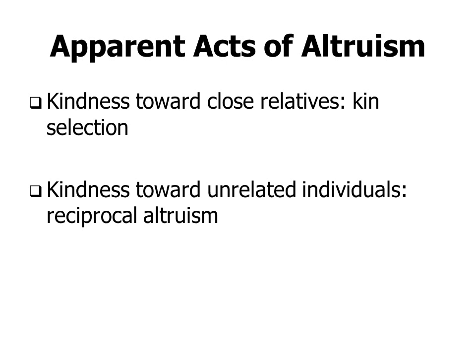Kin selection is kindness toward close relatives. Reciprocal altruism is kindness toward unrelated individuals. So both kin selection and reciprocal altruism can lead to the evolution of behaviors that are apparently altruistic, but in actuality are beneficial to the individual engaging in the behavior from an evolutionary perspective.